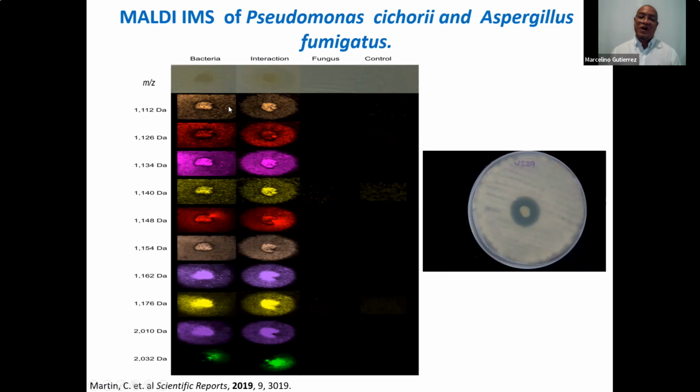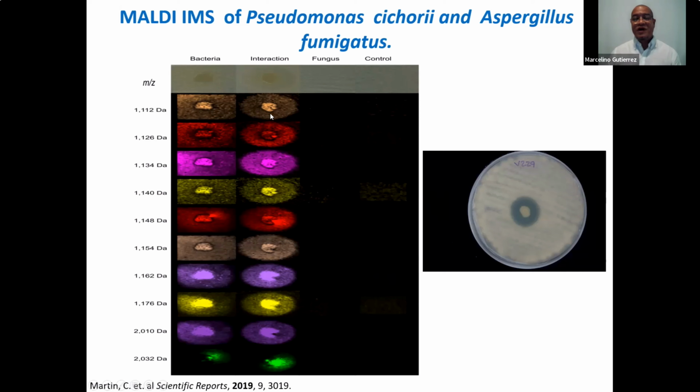Here we can see the control, the bacteria and the fungi, and here is the interaction. We see a different color for the different compounds, and as we are using IMS, we can know the molecular weights or masses of these compounds and give each a different color.